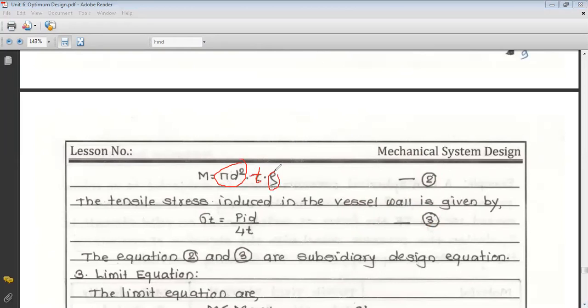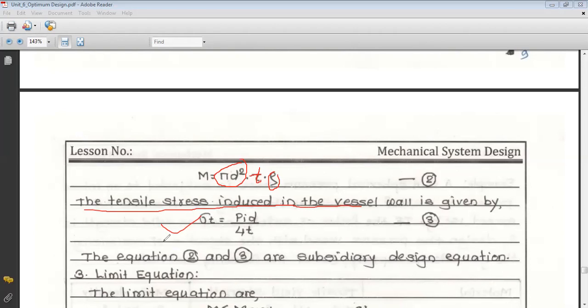So this is the first subsidiary design equation. Again, tensile stress is produced in the case of a spherical vessel, induced in the vessel wall, and it is given by sigma t, that is tensile stress. But in the case of a spherical vessel, both circumferential stress or tangential stress and axial stress are the same.